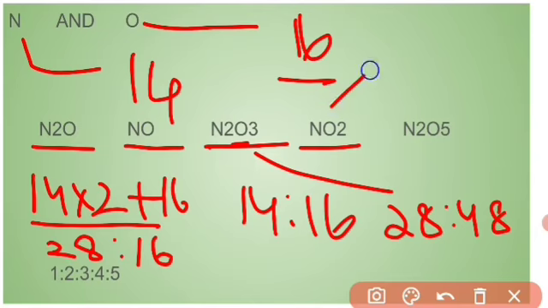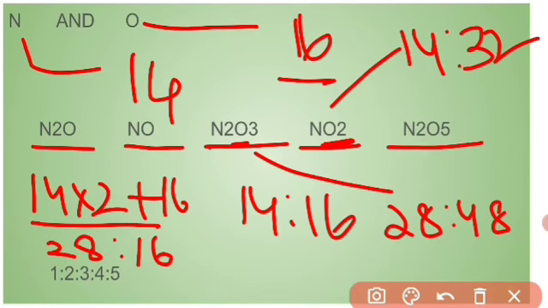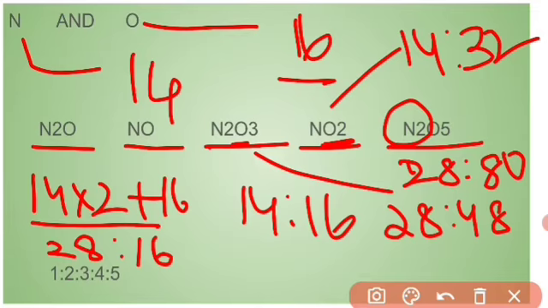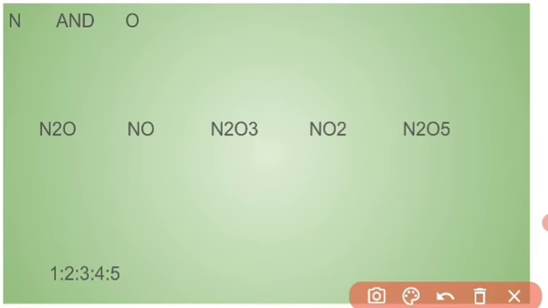NO2: N is 14 and O2 is 16 into 2, that is 32. N2O5: N2 is 14 into 2, that is 28, and O5 is 16 into 5, that is 80. Let me write again clearly. N2O is 28 is to 16.